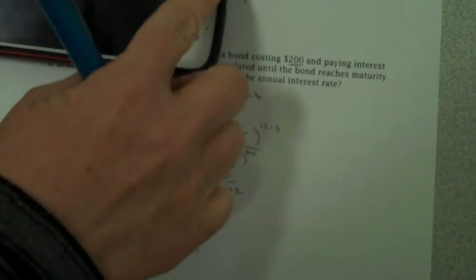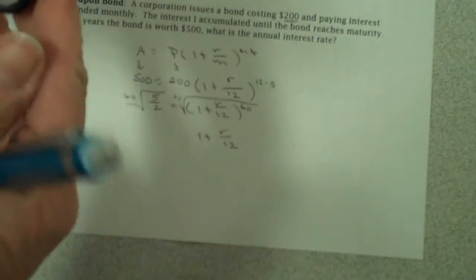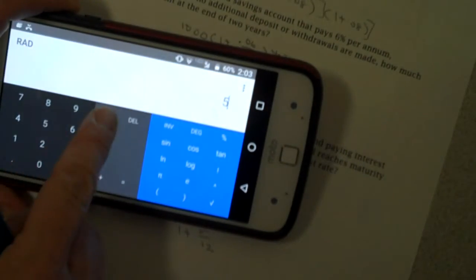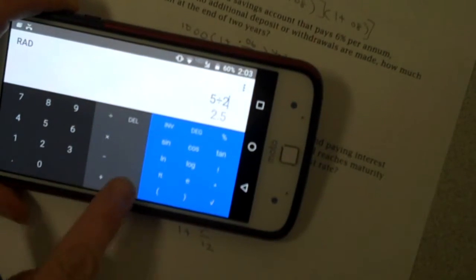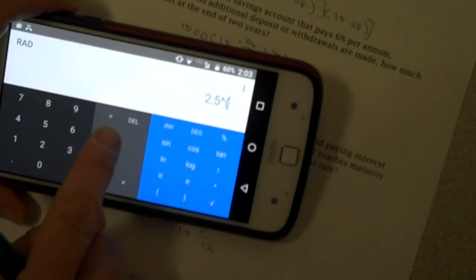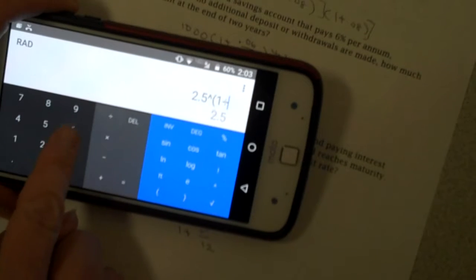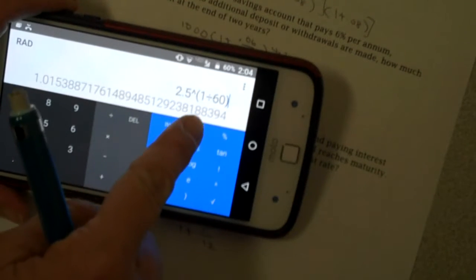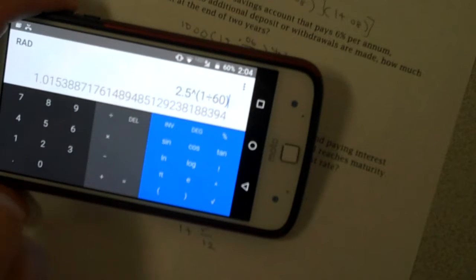To take the 60th root, I don't have my graphing calculator with me, but I do know that I can take the number 5 divided by 2, and then I can raise that to the 1 divided by 60th power, because that will allow me to do a 60th root, raising it to the 1 over 60.